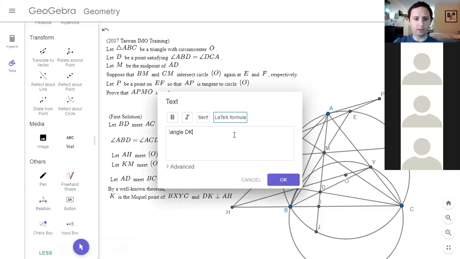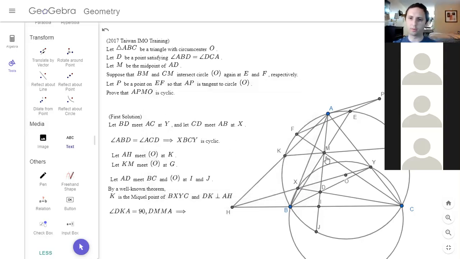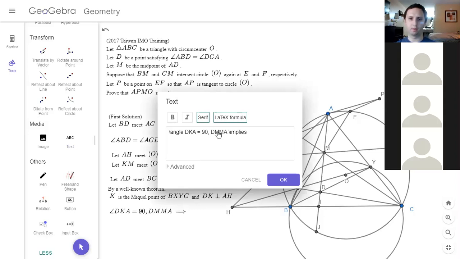Since angle DKA equals 90 and DM equals MA, that means that MA is equal to MK.